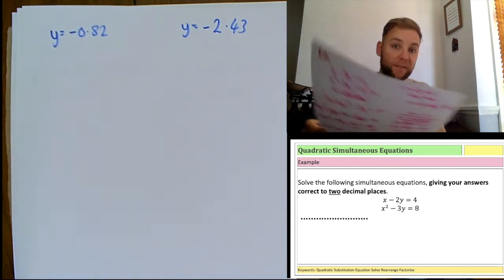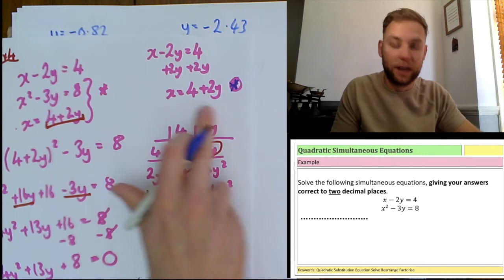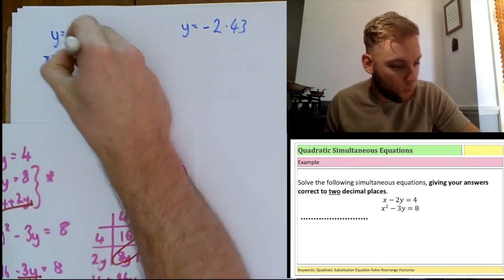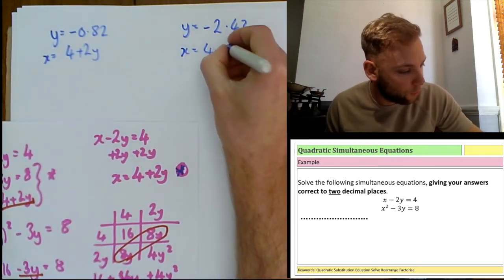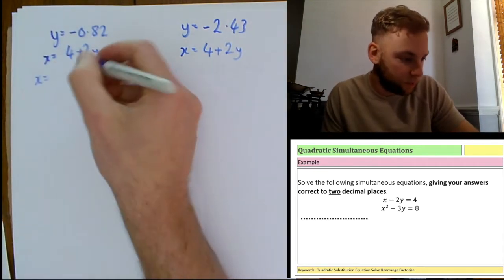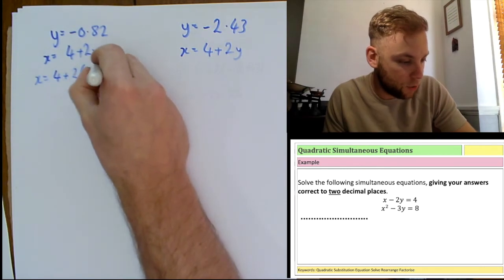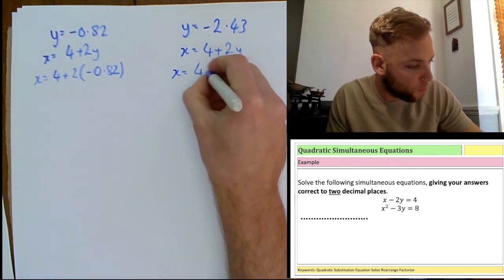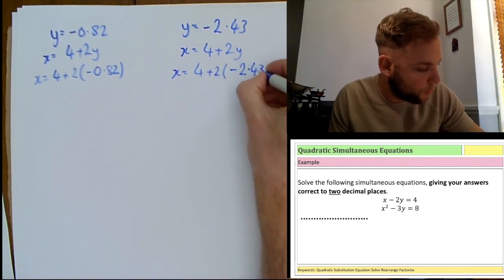Remember that I haven't finished this yet because I've still got to find out what x is by subbing into this value here. So x is equal to 4 plus 2y. So x is equal to 4 plus 2 times by minus 0.82 and x is equal to 4 plus 2 times by minus 2.43.